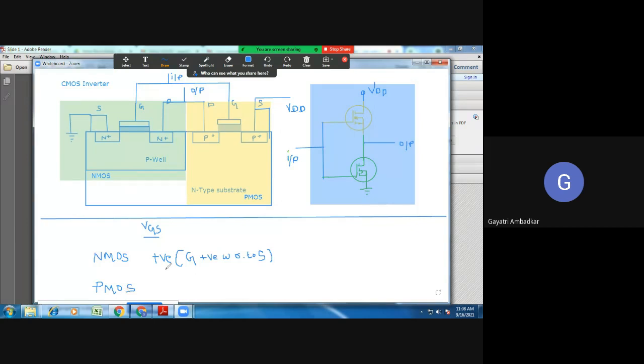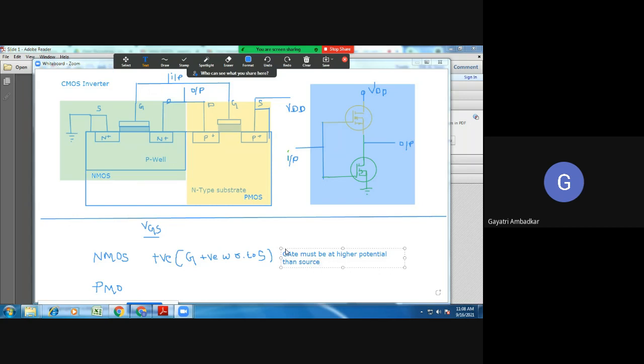When I say VGS must be positive, it means the gate must be at higher potential than source.